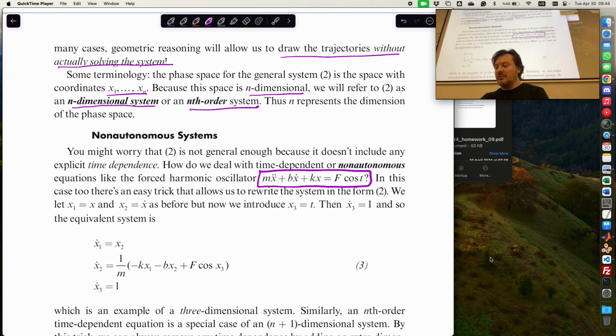So we are going to just keep everything autonomous. Either you say it's a second order non-autonomous system, meaning that the system has its own autonomy, but we are driving it from outside.